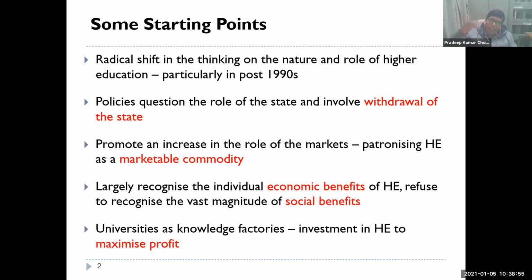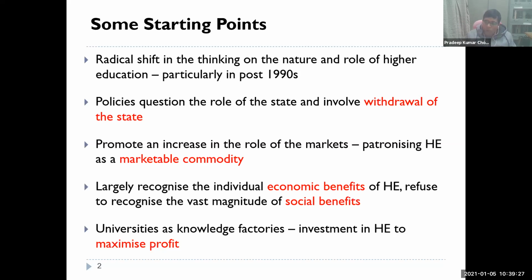What I have said in the second point is that policies formulated post-1990s largely questioned the role of the state. State, in the sense, government I am referring to. The role of the state was being withdrawn drastically, and the private sector came into provisioning of education in general and higher education in particular, and that too technical education. The provisioning of technical education was largely provided by the private sector.